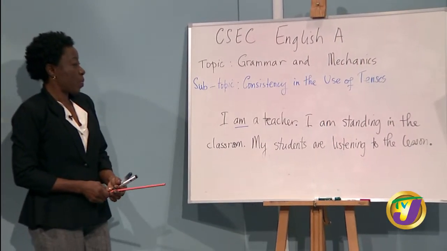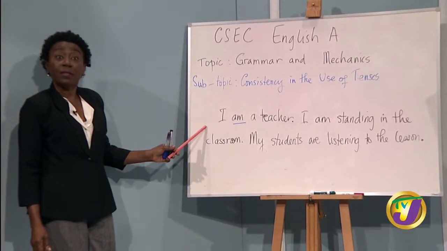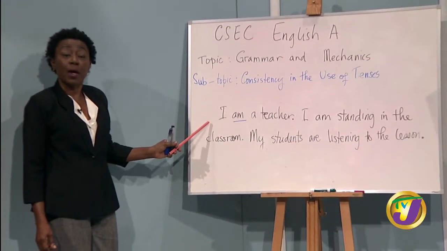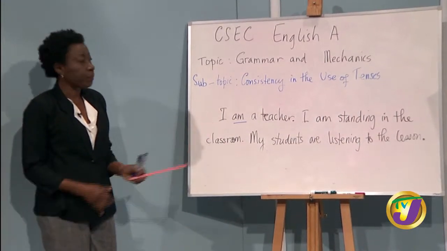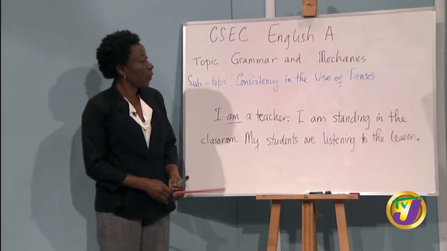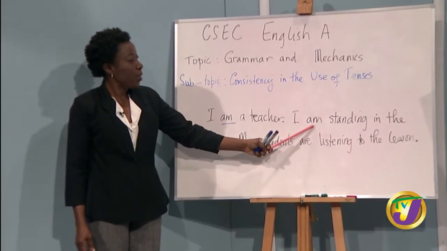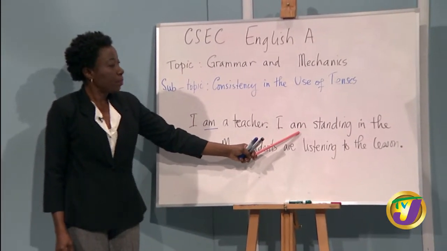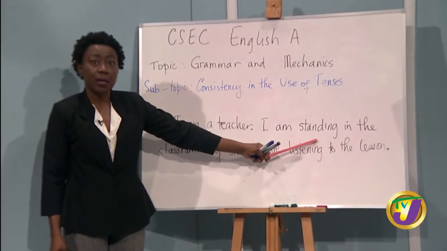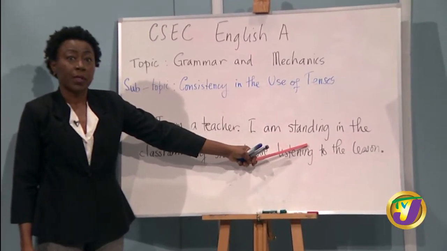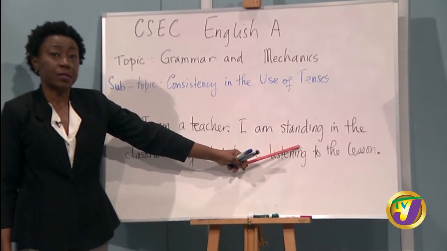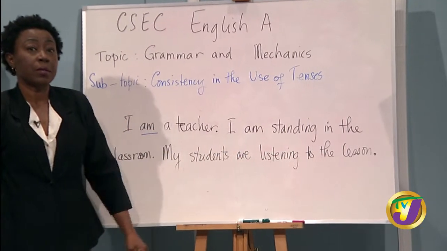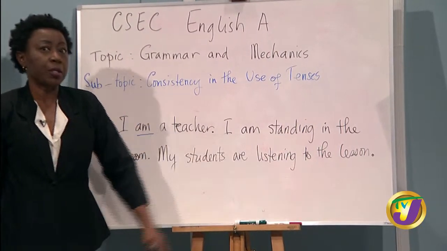Now, all of these sentences are in the present tense. But notice over here, with the am, I have standing. Is standing in the present tense? Yes, it is. So what is the ing doing on it?